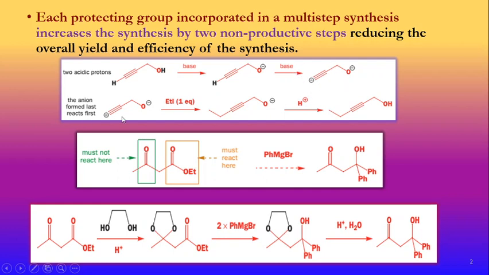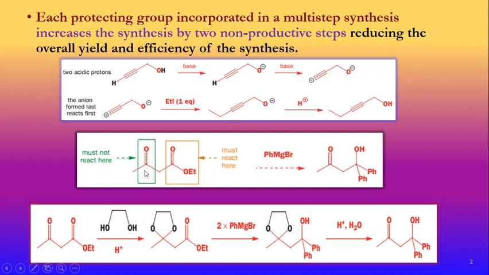Therefore, if we react this molecule with ethyl iodide in one equivalent, only this negative charge attacks the ethyl iodide and we get this as a product. That means here this is the protection of this hydrogen with the help of ethyl iodide, and after protonation we get this product. This is our desired product.